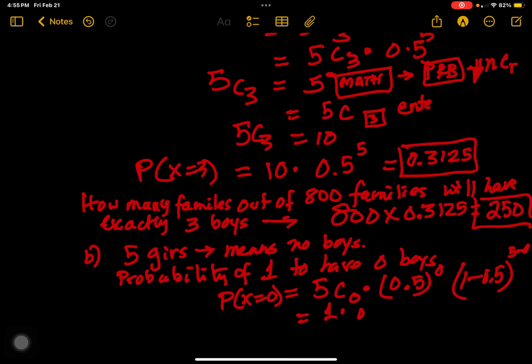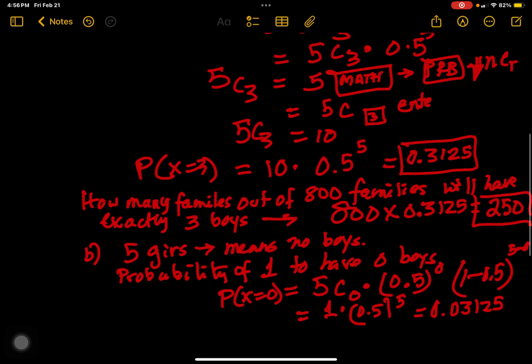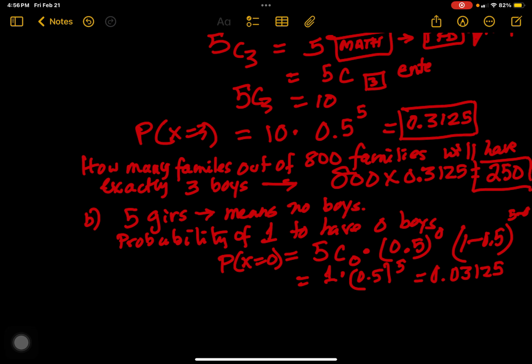Times 0.5, since 1 minus 0.5 is 0.5, to the power of 5. And the answer is 0.03125.